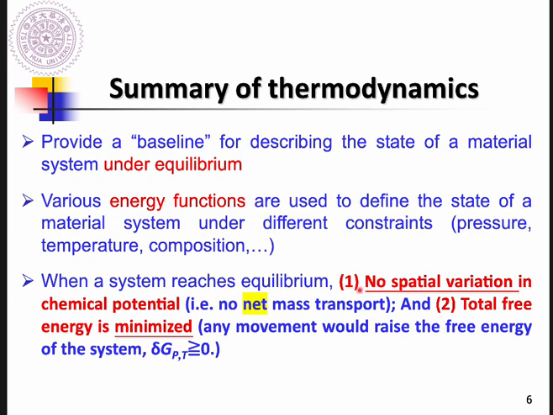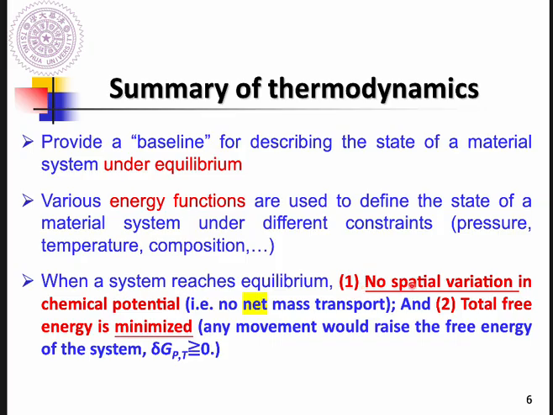The first one is no spatial variation in chemical potential, which means that atoms have the same chemical potential.